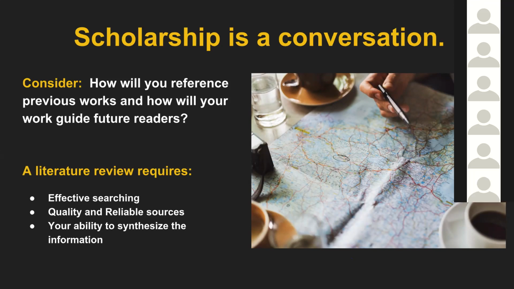How good are you at searching for information? What if you use the wrong term and you spend 5 hours on this for nothing? Then, the quality and reliability of the sources you choose. Are you searching in the right database? Are you Googling? I hope not.